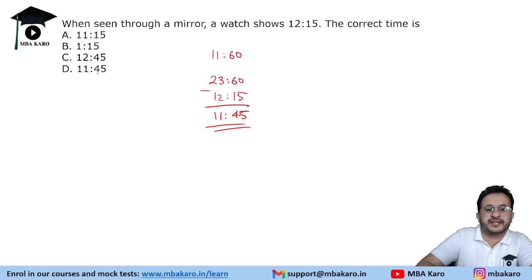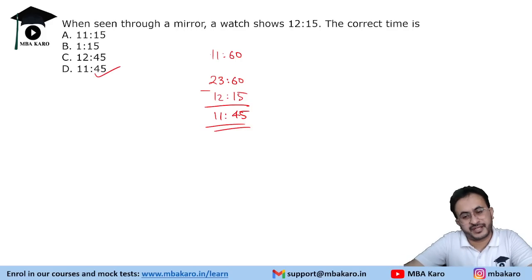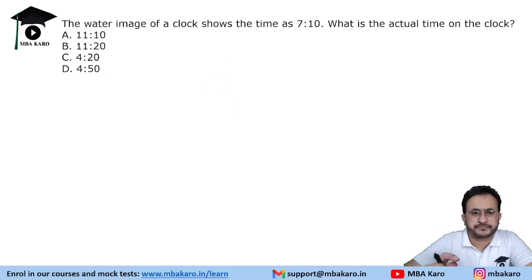So the answer is 11:45. So 11:60 or 23:60 depending on whether it is less than 11. If it is less than 11, take 11:60 only.